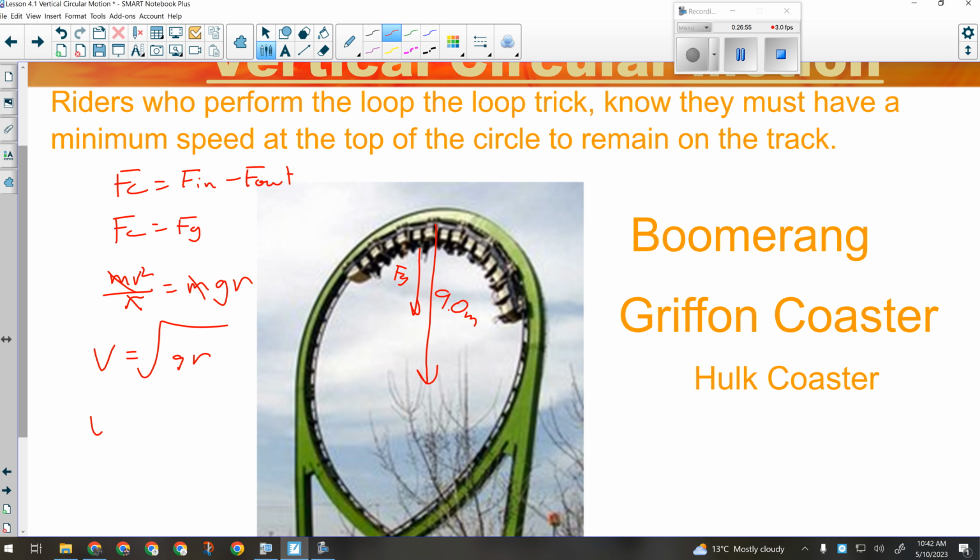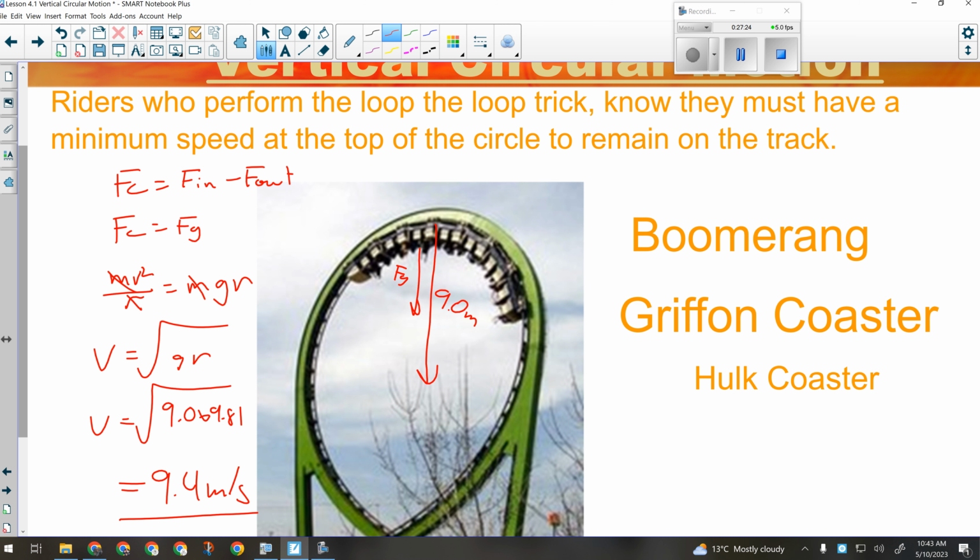For this particular roller coaster, that would be the square root of 9.0 times 9.81. This is going to give us about 9.4 meters per second as the minimum speed. Is 9.4 meters per second all that fast? Not really. On a flat surface, you could easily run that fast.